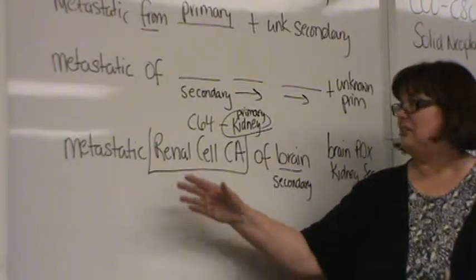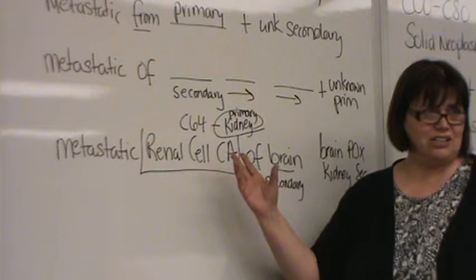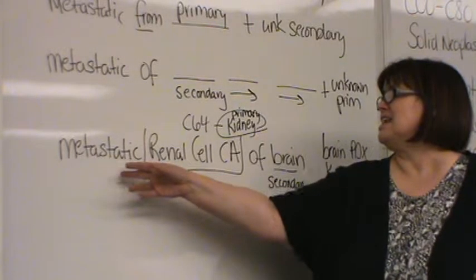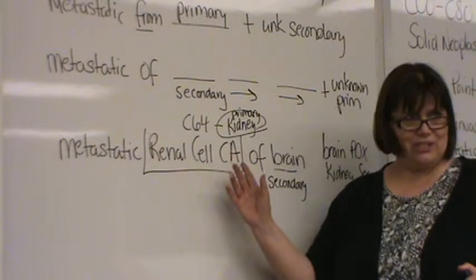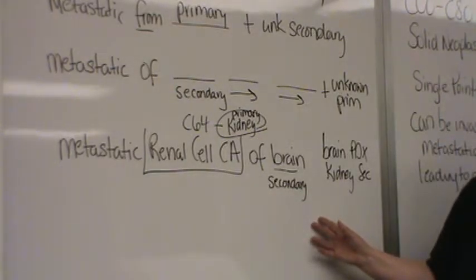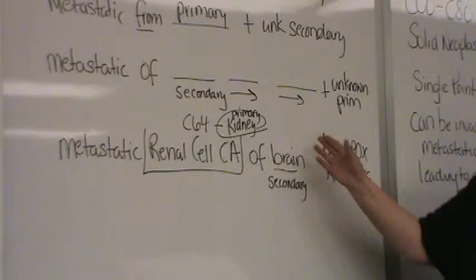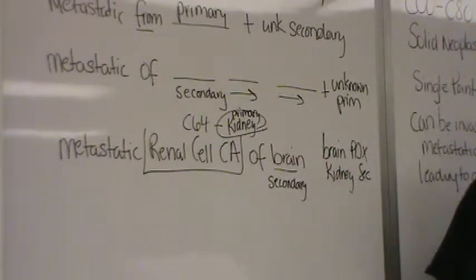Even though this starts in the kidney, it's not saying that they're here for treatment of metastatic kidney, renal cell carcinoma, and brain. The only site that's listed is the brain. So that's where they're focusing their treatment. Does that make sense?